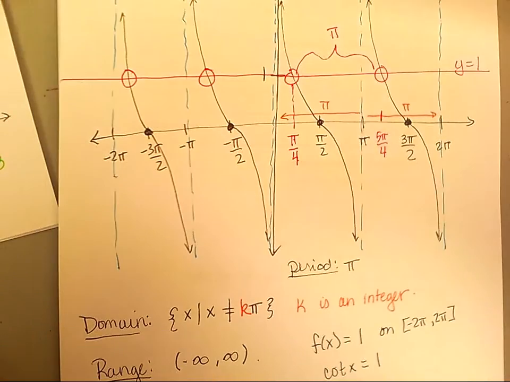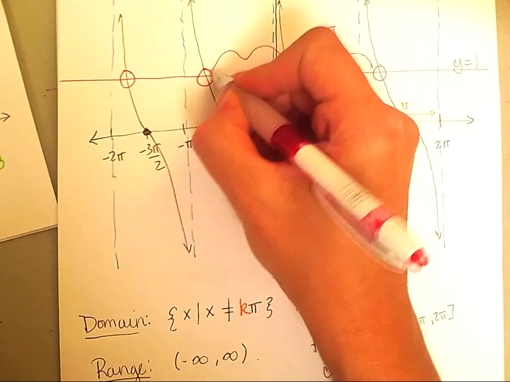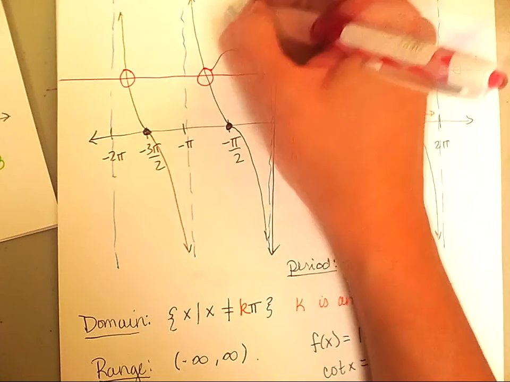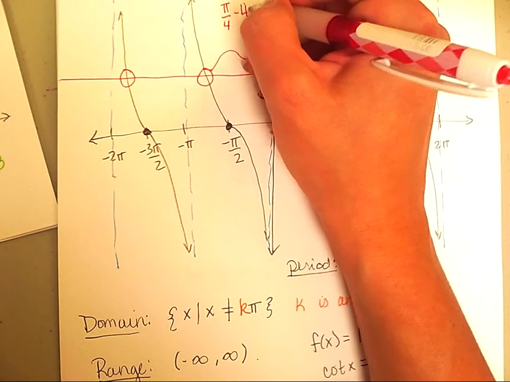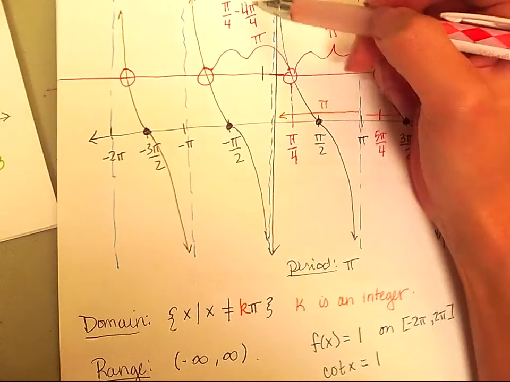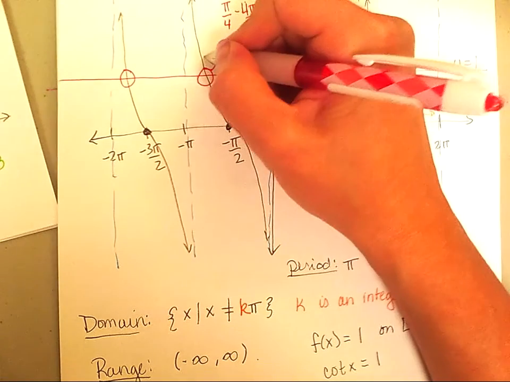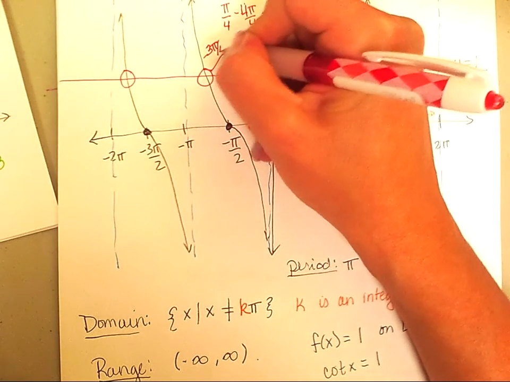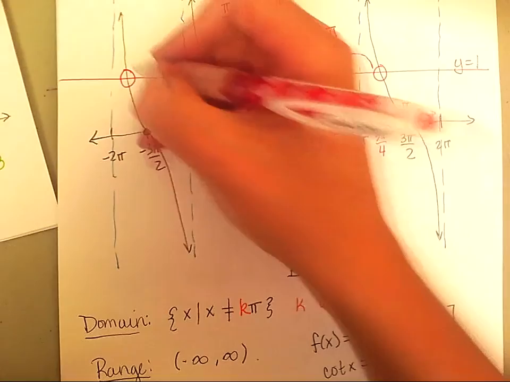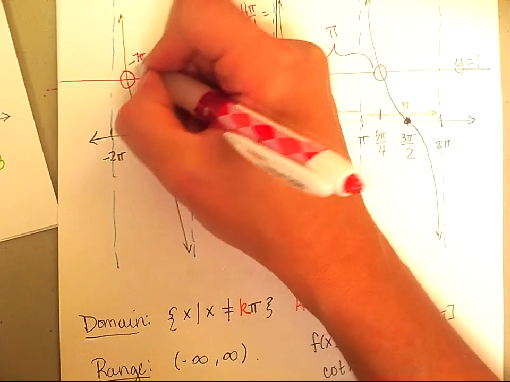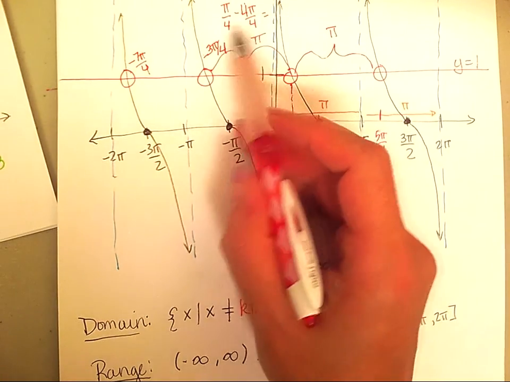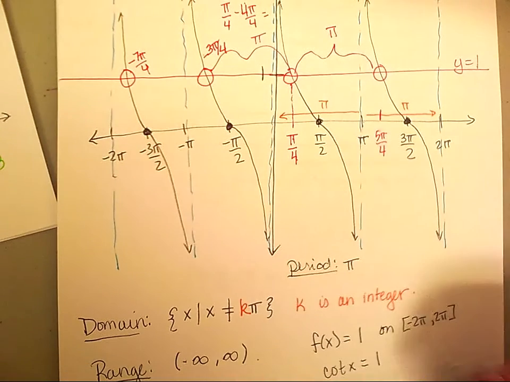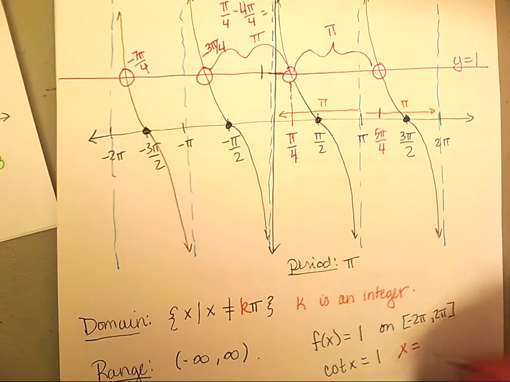If you don't want to think about the negative directions, we know the distance from here to here also must be pi. So I could take pi over 4 and subtract 4 pi over 4, which is just subtracting pi. And now this is negative 3 pi over 4. Which would force it to be negative 7 pi over 4. Negative 3 pi over 4, subtracting another 4 pi over 4, is negative 7 pi over 4.